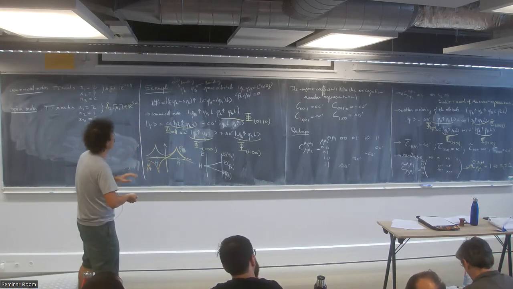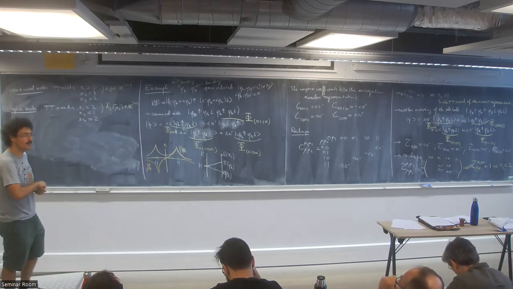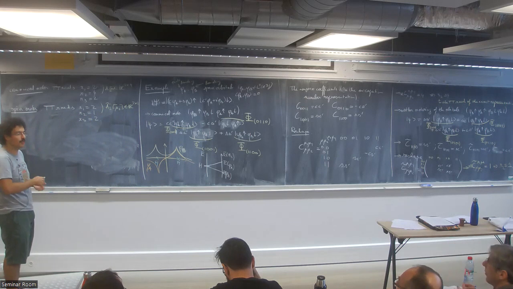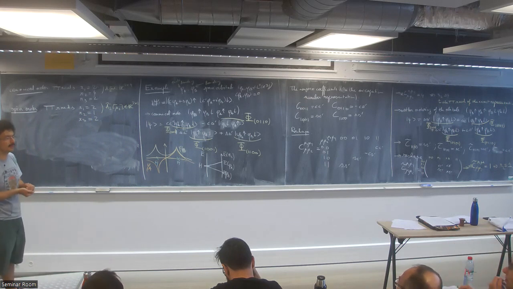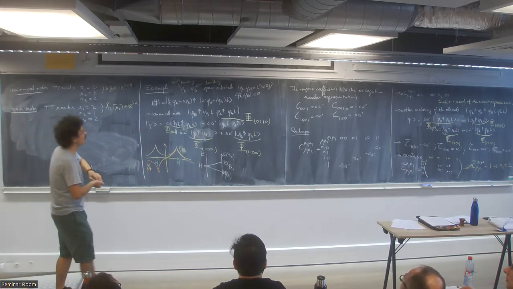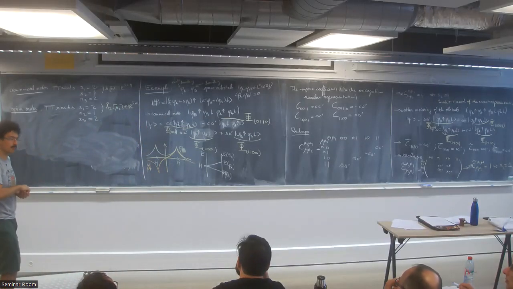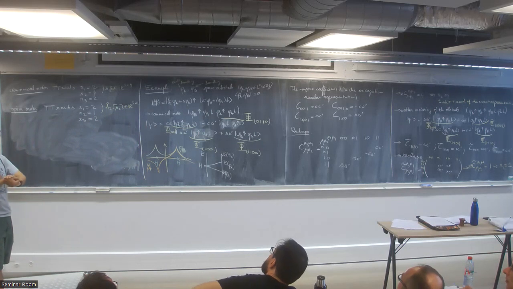Here it's very simple. I'm not saying that this is the ground state of the H2 molecule. It's still a Slater determinant, but of a linear combination of space orbitals.